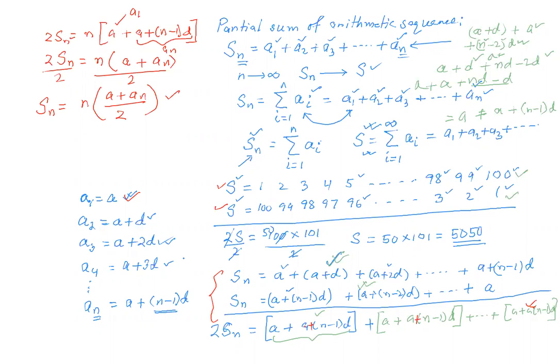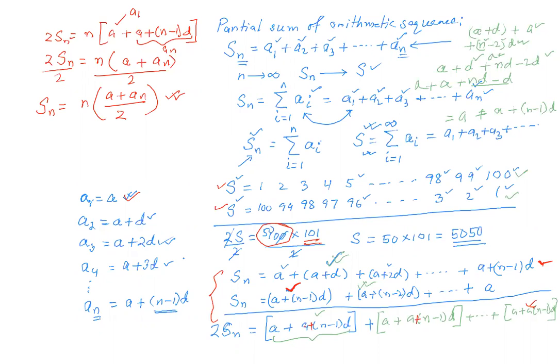How many 101s do you have? You have 100 101s. Exactly the same logic. S sub n, the partial sum from here to here. If you write the partial sum in reverse order and you add them and simplify them, you get this. So this is what the formula is.